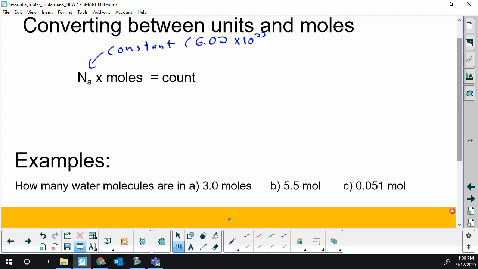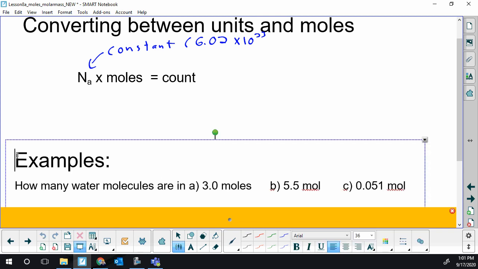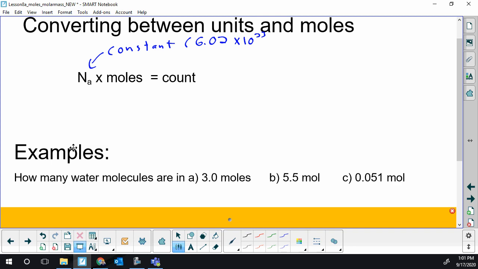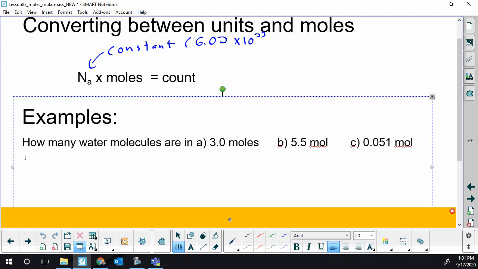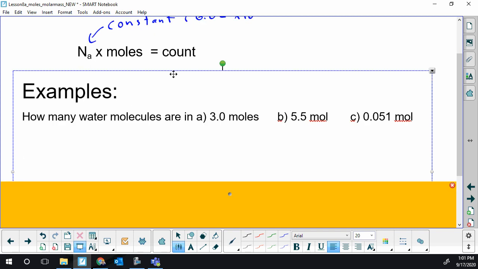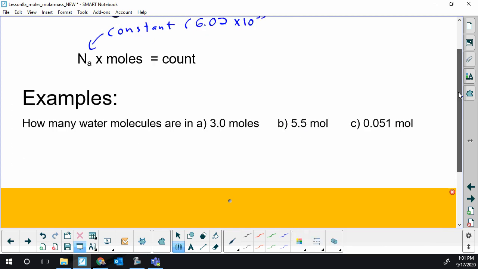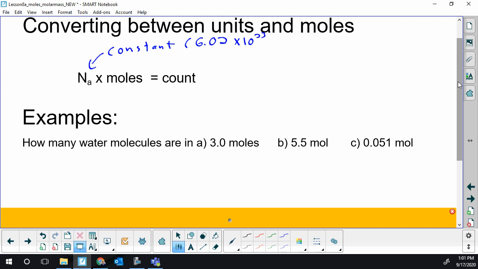And we're going to work through a couple math examples in a second. So I have 3 problems. How many molecules? I'm still talking about individual units. We can count atoms or we can count molecules.